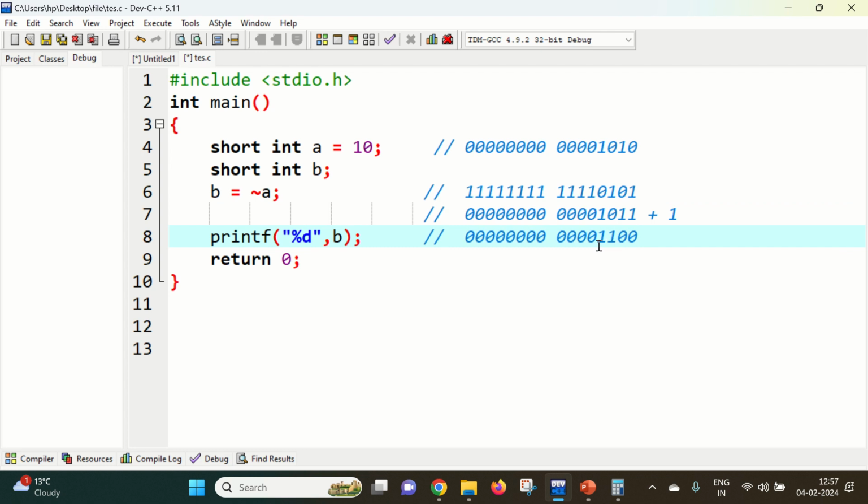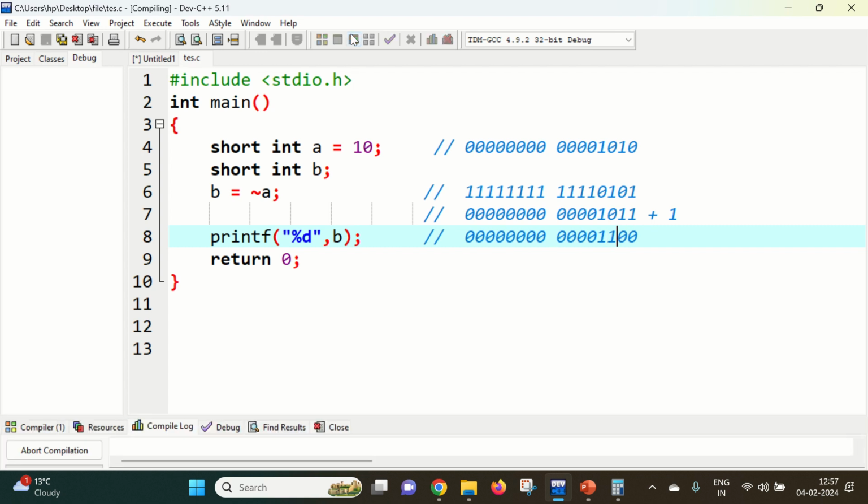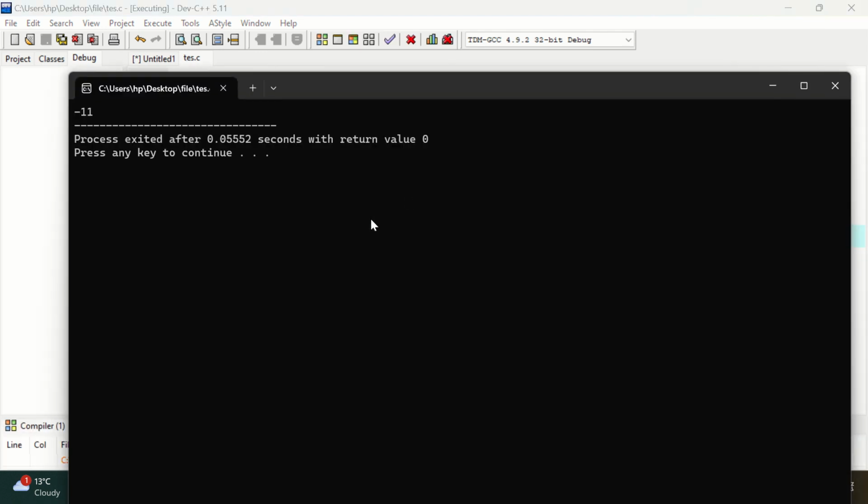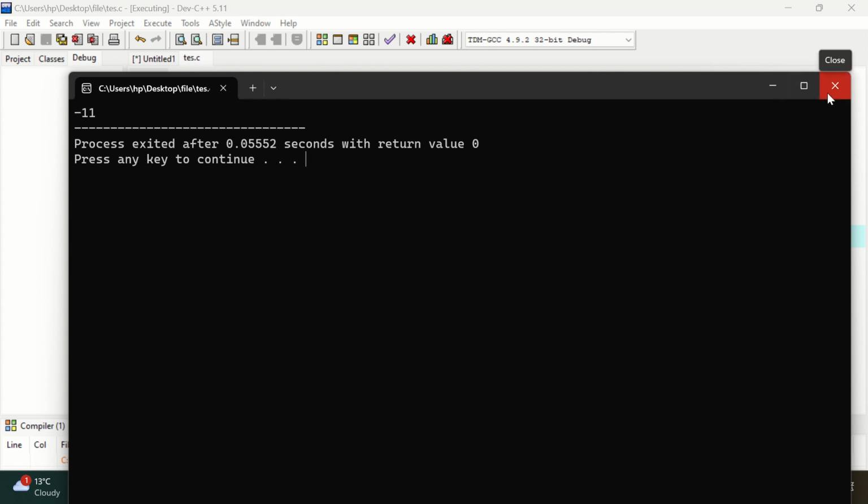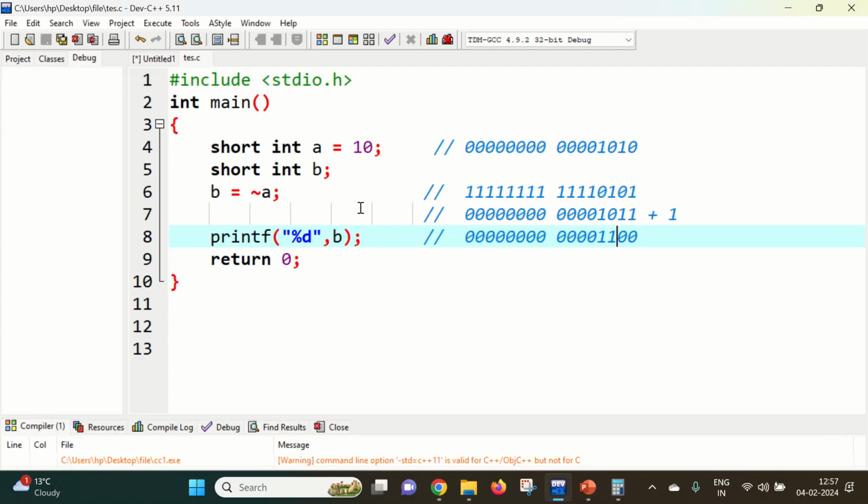This number is actually 12. So if I run this, 110, 110, 1, we can check what the number is. The answer is minus 11.